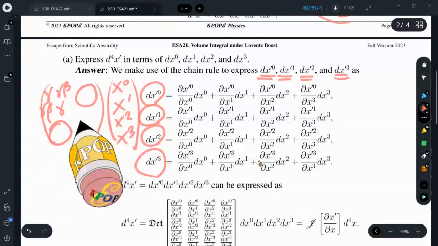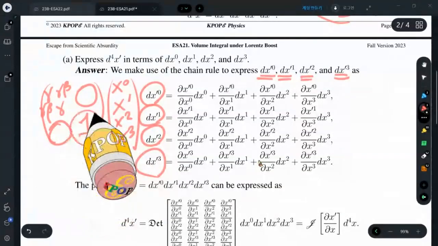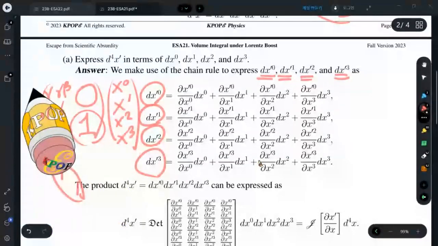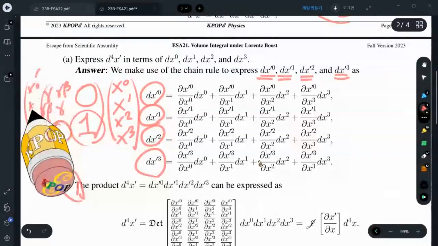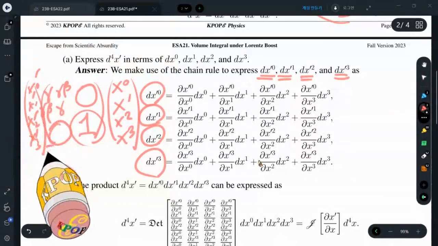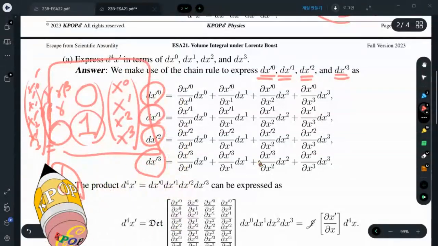The large 1 means diagonal elements are 1. And x0 prime, x1 prime, x2 prime, x3 prime equals this product.